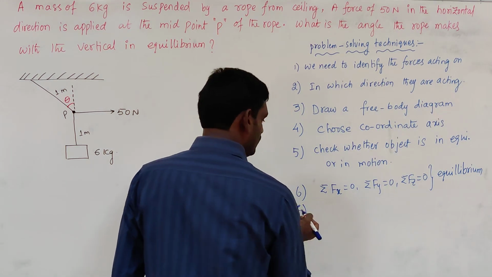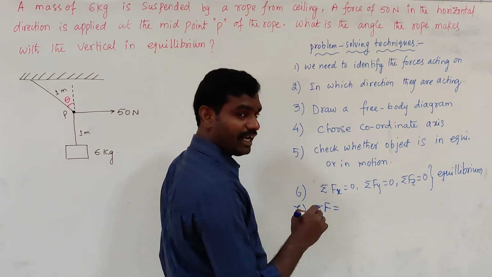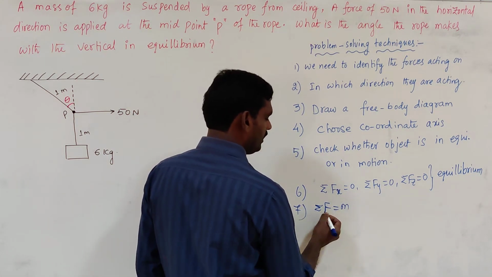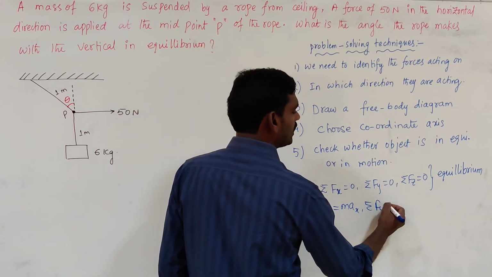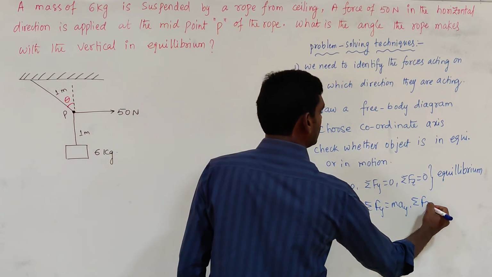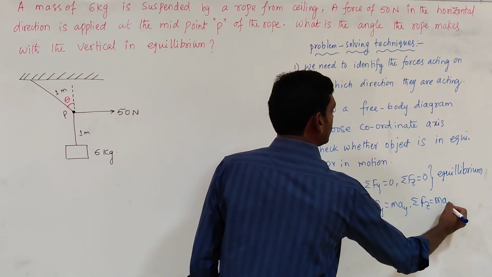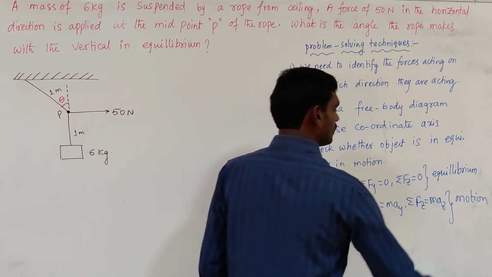And if the object is in motion, under acceleration, we need to apply sigma fx equal to max, sigma fy equal to may, and sigma fz equal to maz.